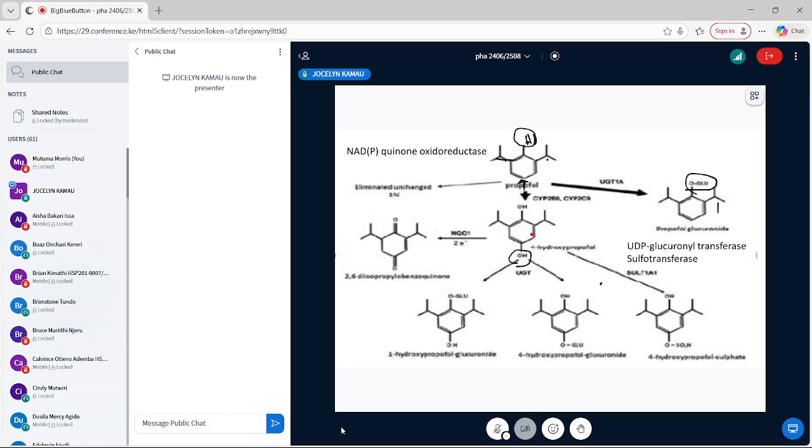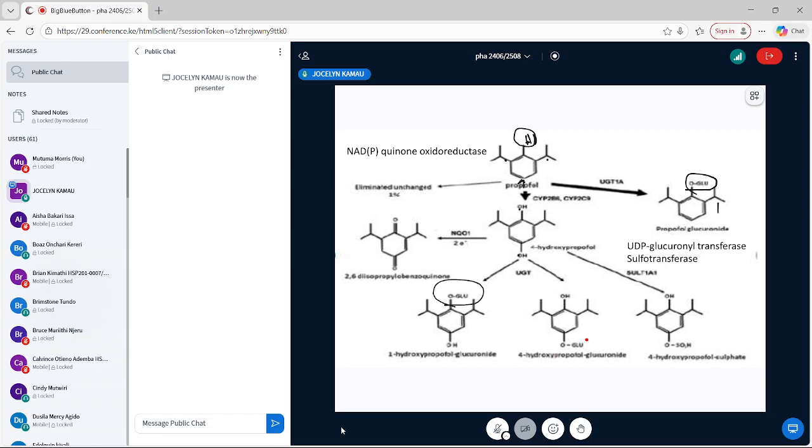4-hydroxy propofol: position 1, position 2, position 3, position 4, position 5, position 6. So you get the 4-hydroxy propofol. And then the 4-hydroxy propofol can still undergo glucuronic conjugation or sulfate conjugation at either of those hydroxyl groups, but mainly glucuronic conjugation. So that can form a glucuronide, that can form a glucuronide.